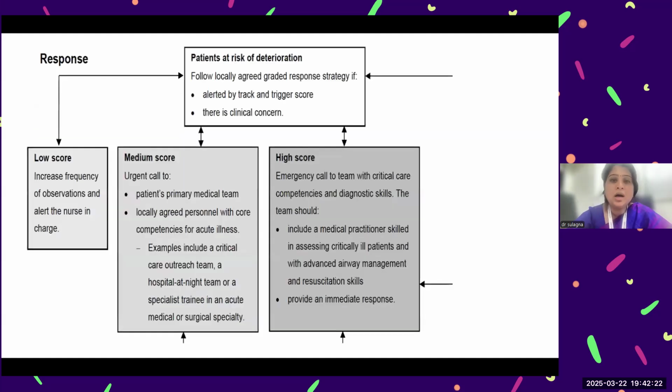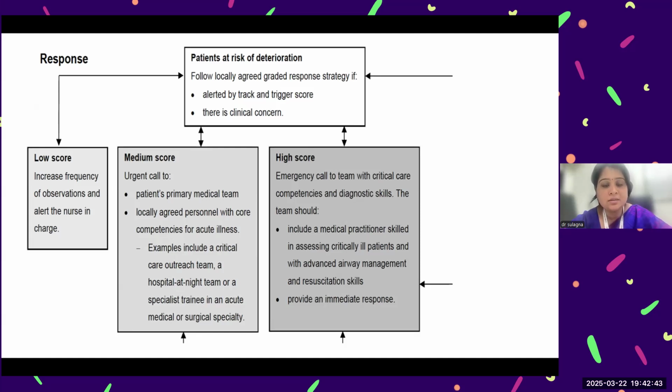So coming to how the nursing team or the caregiver team outside the ICU or acute care areas will respond to these vital signs deterioration from the different scoring systems or the parameter systems.